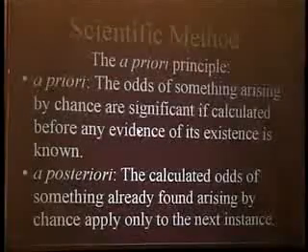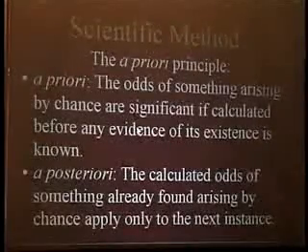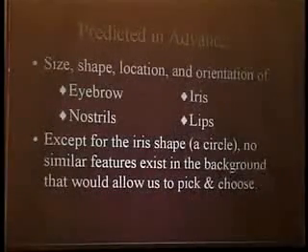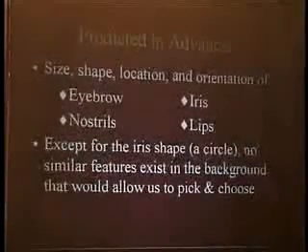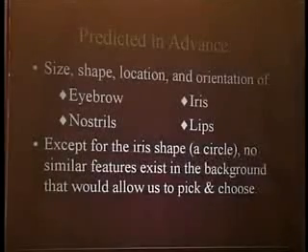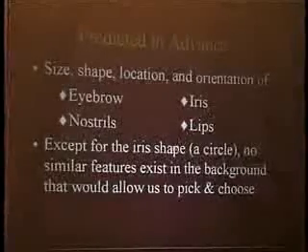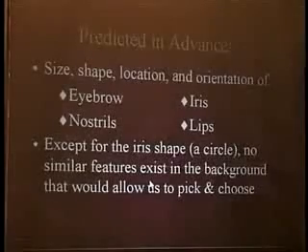the prediction of these secondary facial features, their size, their shape, their location, and their orientation. There's a probability to each of them. The fact that each of these things were fulfilled, individually ranging with probabilities from 1 in 10 to 1 in 10,000, and that all the features showed up and that they have the right size, shape, location, and orientation, gives us very large combined odds against chance.